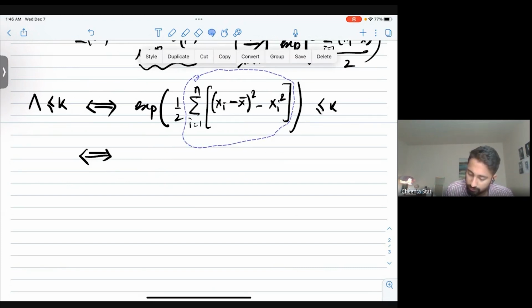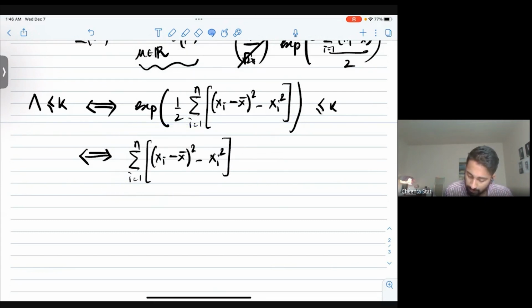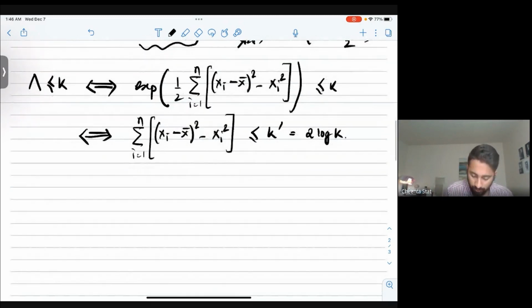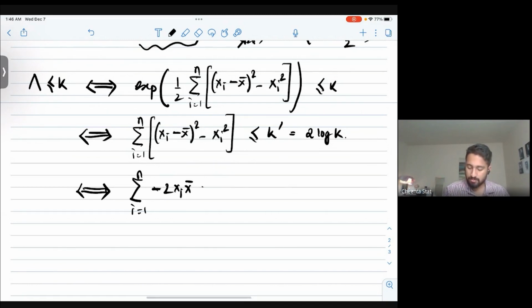This is less than or equal to a certain k dash, where k dash is twice log k. So summation 1 to n: xi square gets cancelled, and you get minus 2 xi x bar plus x bar square, less than or equal to k dash.